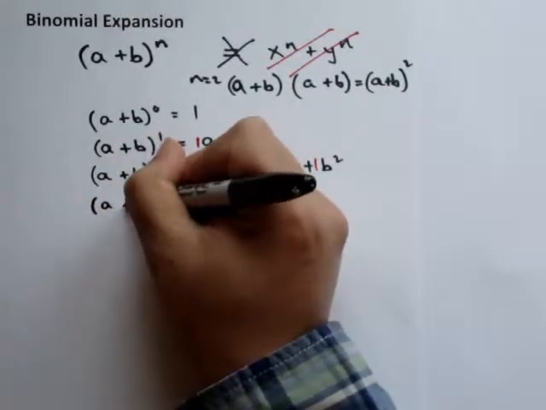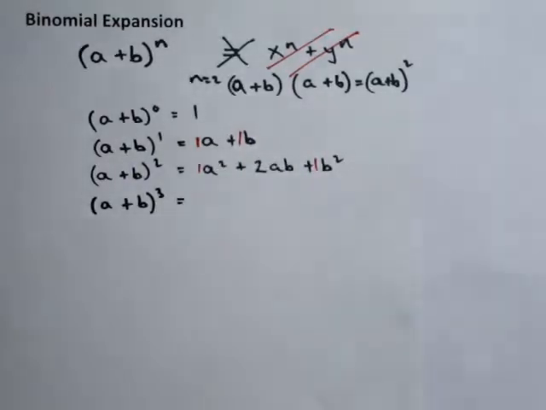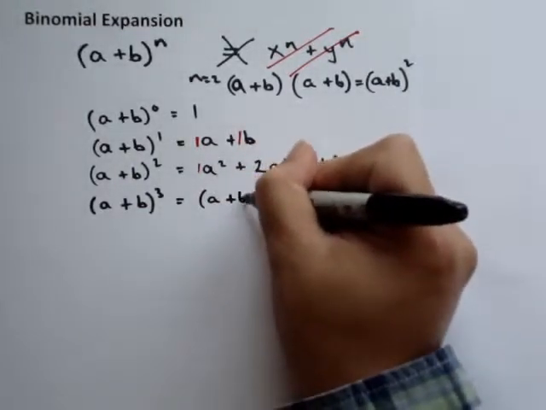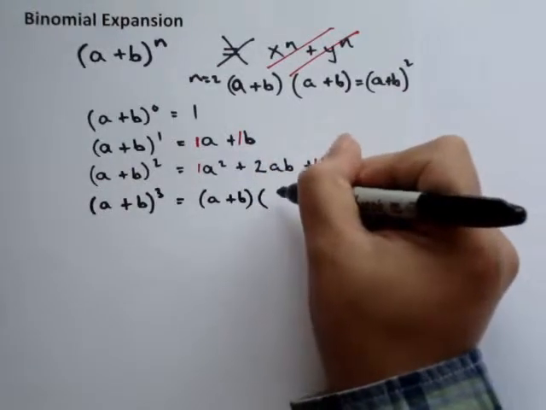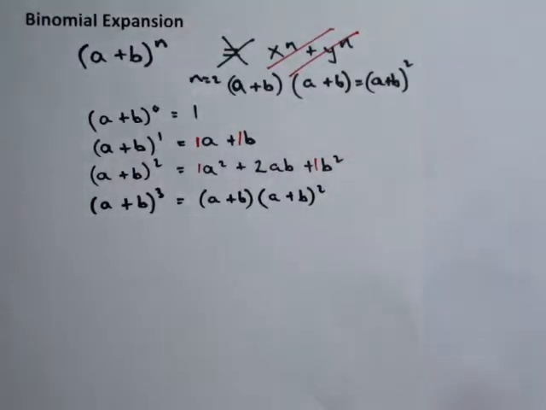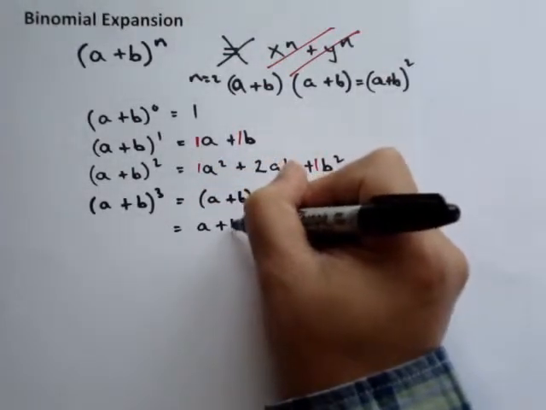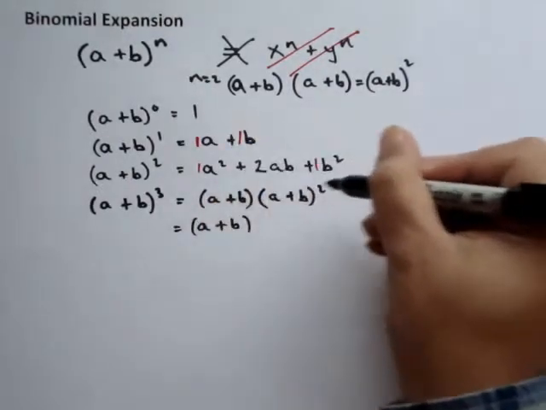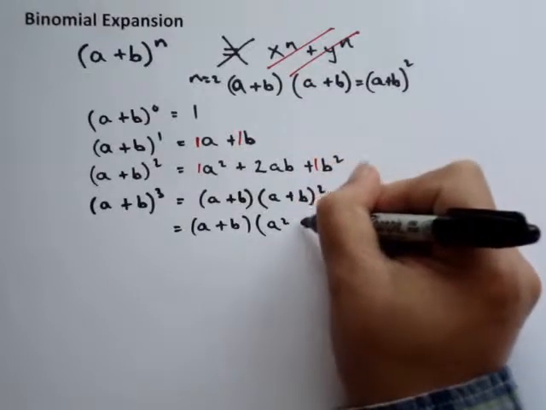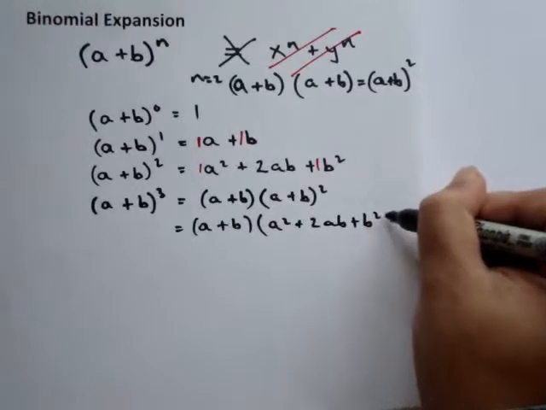So a plus b cubed. That's nothing but a plus b, and we multiply that by a plus b squared. As we did before, the result for a plus b squared was a squared plus 2ab plus b squared.